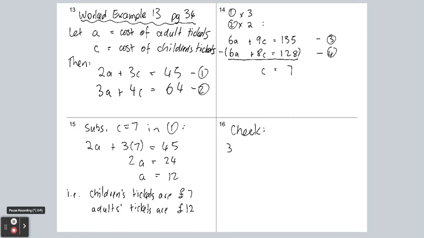Check: 3 multiplied by 12 plus 4 multiplied by 7 is equal to 36 plus 28, which is equal to 64. Great. That's exactly as I've got there.